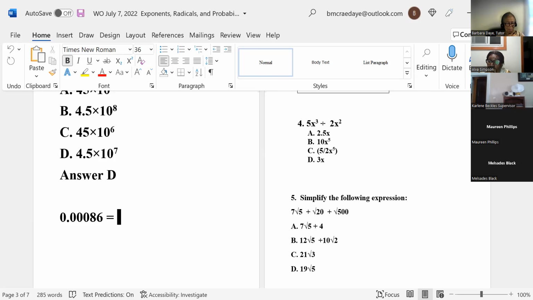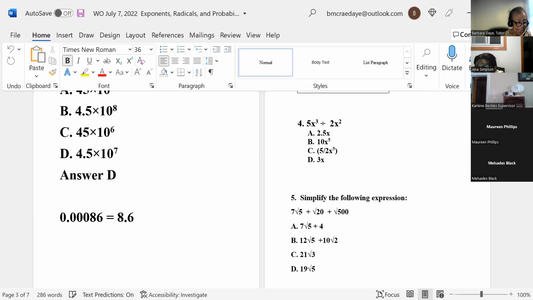That is 10 to the power 1, 2, 3, 4, 5. Say it again. 0.86 multiplied by 10 to the power 5. No. What would it be, Mercedes? I think it is 8.6.